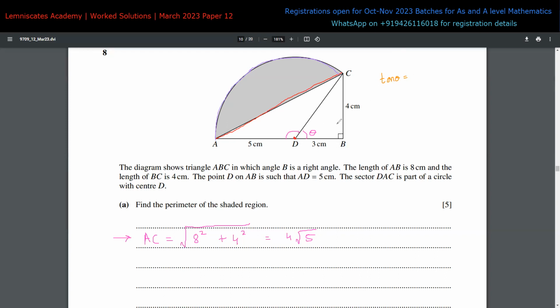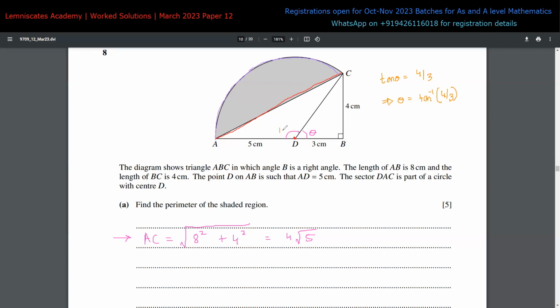So tan theta is equal to 4/3, which simply means that theta will be equal to tan inverse of 4/3. Now make sure that your calculator is in the radians mode, because in this particular chapter of sectors, we deal only in terms of radians, right? So that's theta.